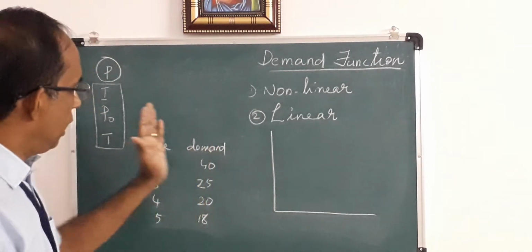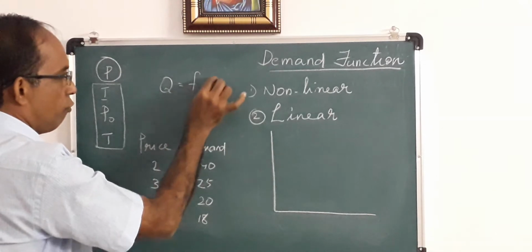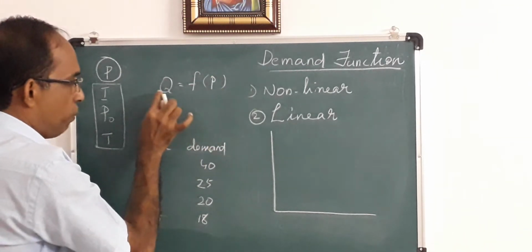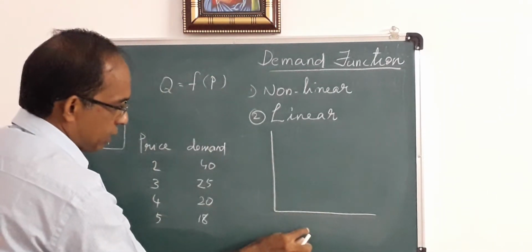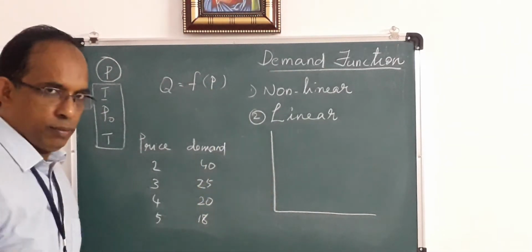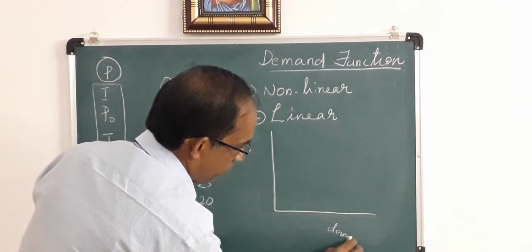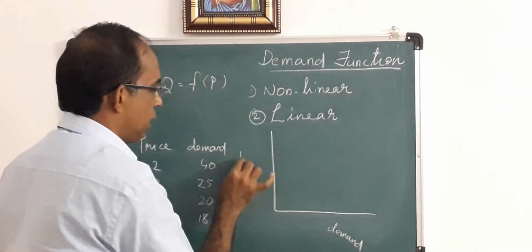And usually in a demand function, Q is function of price. Dependent variable demand is taken on x-axis and independent variable price is taken on y-axis.